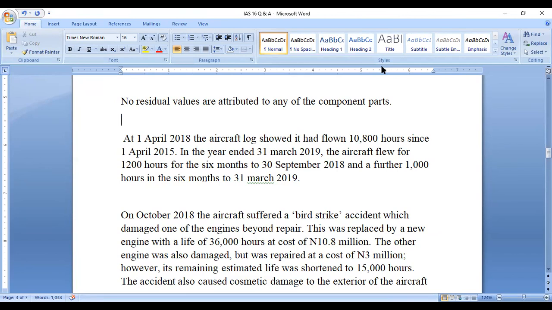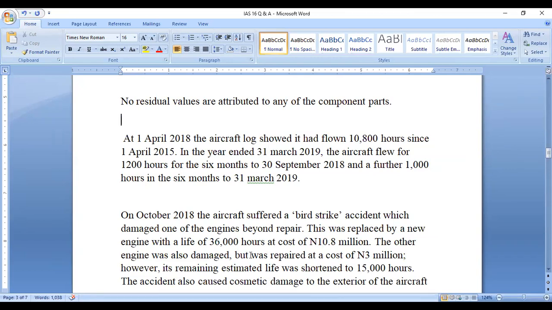So this was replaced by a new engine with a life of 36 hours at a cost of 10.8 million. The other engine was also damaged, but was repaired at a cost of 3 million.